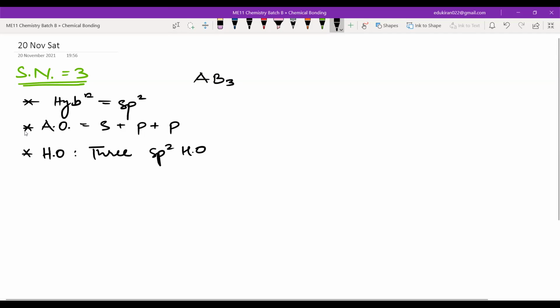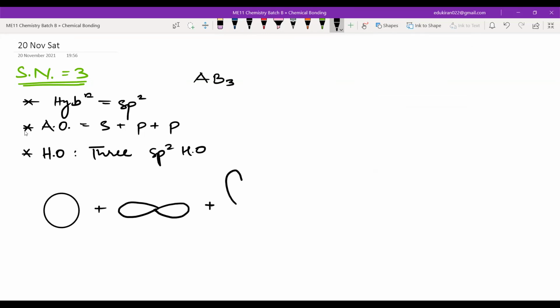Now, what do we do after this? We mix them, right? So if we mix them, this is your s orbital, and you have 2 p orbitals, one p and the another p. Let us get it vertical, and this would give you 3 sp2 orbitals.